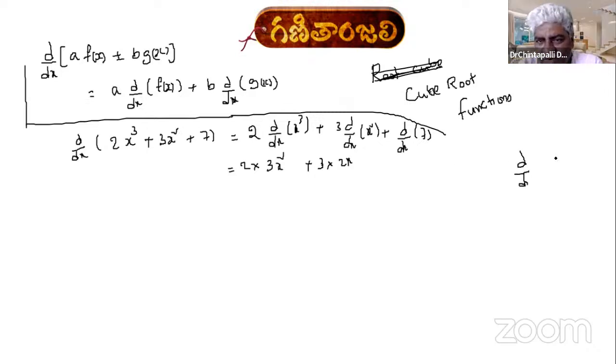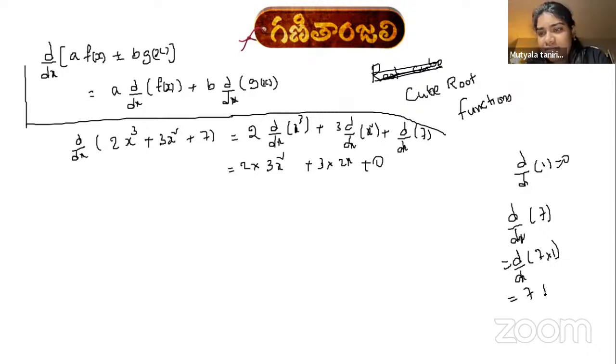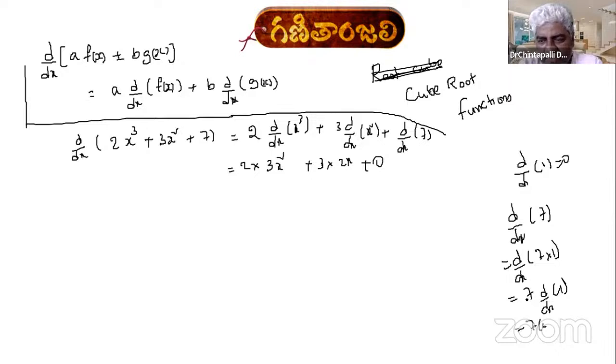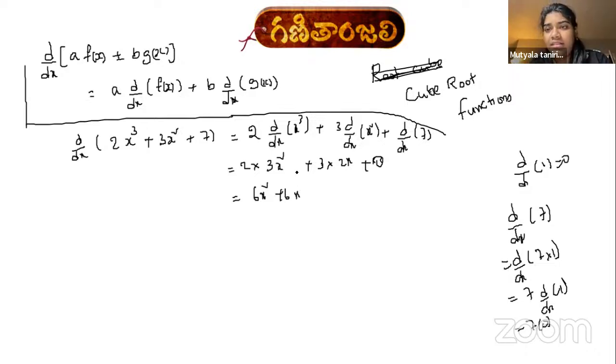Derivative of 7 is 7 times the derivative of 1, and the derivative of 1 is 0. So the derivative of any constant is 0. That is 6x square plus 6x. This is the procedure.